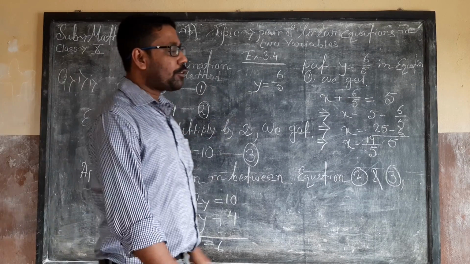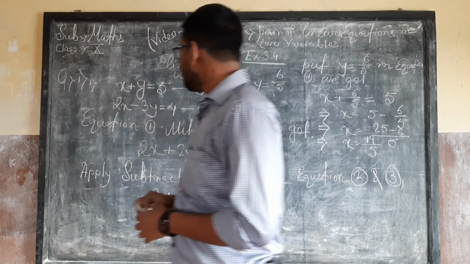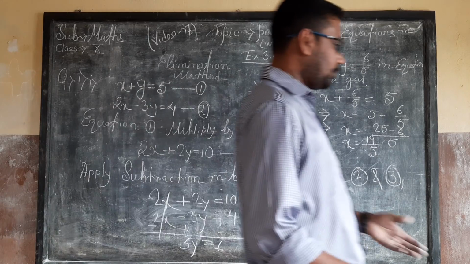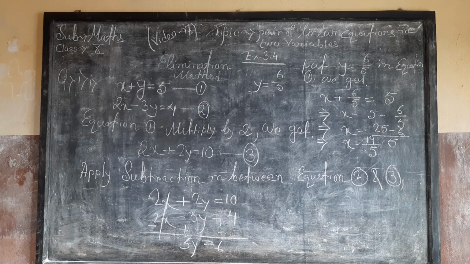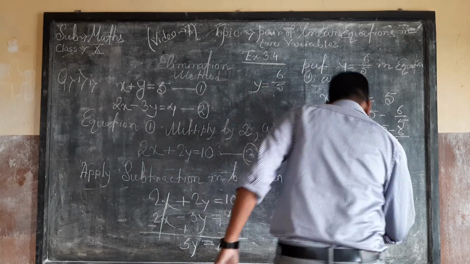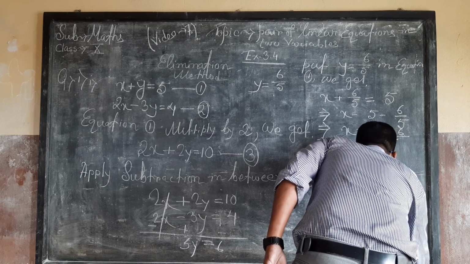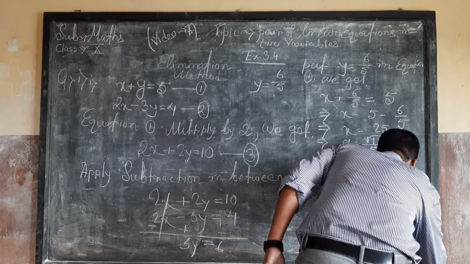This is the total procedure of the elimination method. The solution for this pair of linear equations is x equal to 19 by 5 and y equal to 6 by 5. This is our answer.